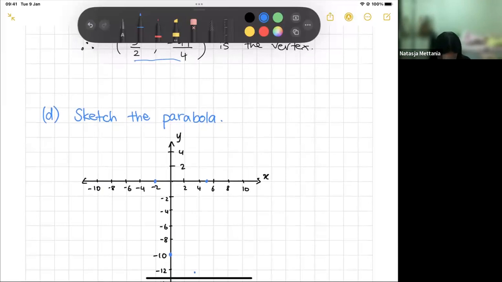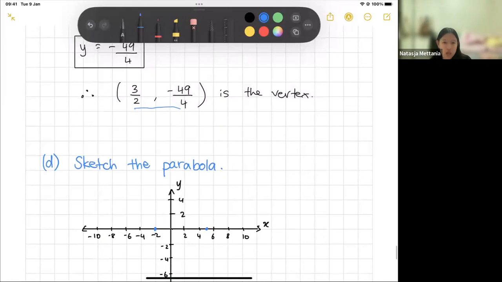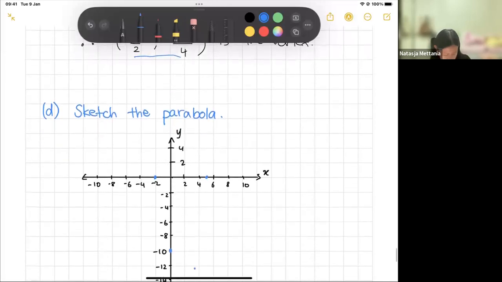This is my vertex. If you want to find what negative 49 over 4 is as a decimal, just press the S-D button in your calculator, right above the delete button, and that should give you that decimal. It should be around negative 12.25.